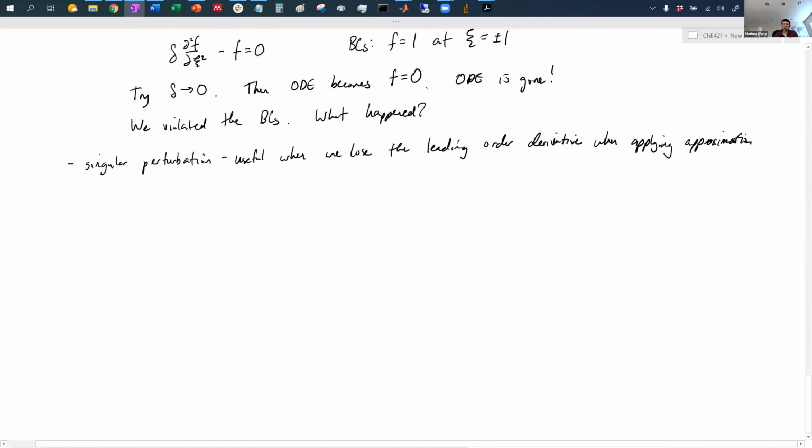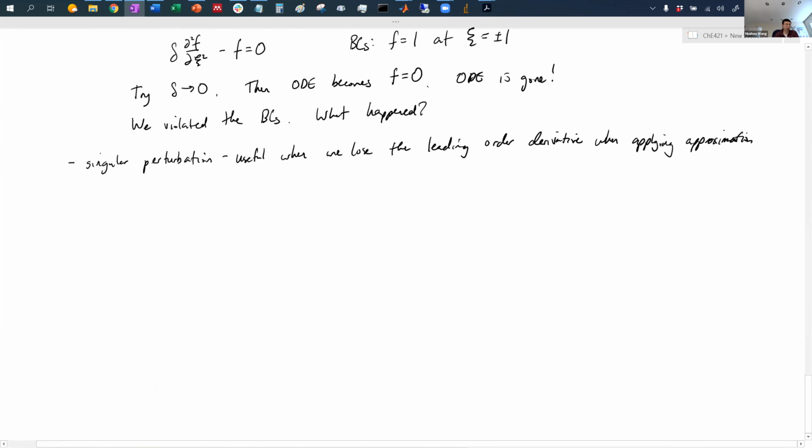And the reason we started losing our leading order derivative is because we had the wrong length scale. Okay.